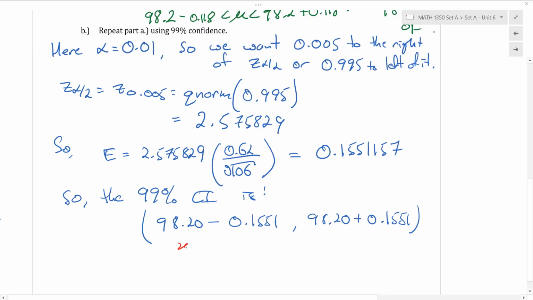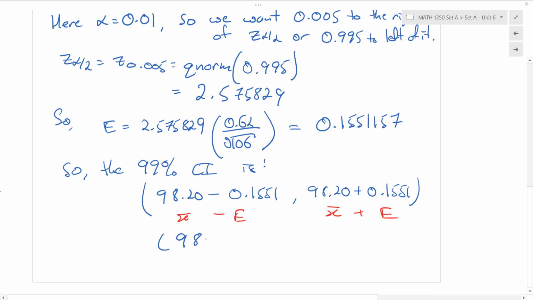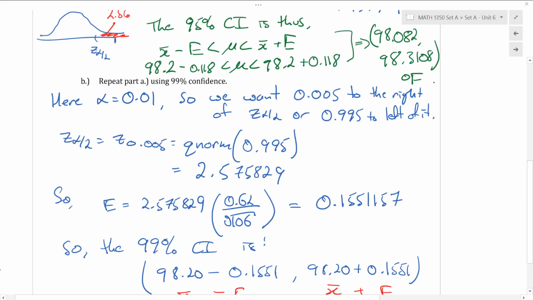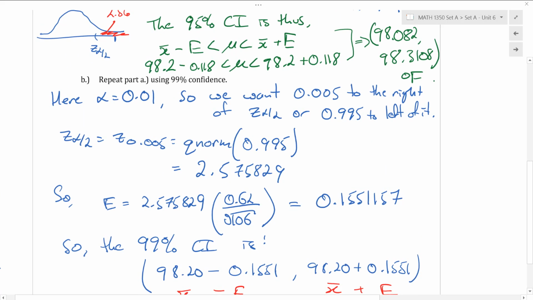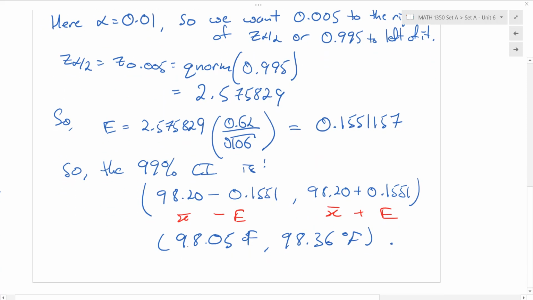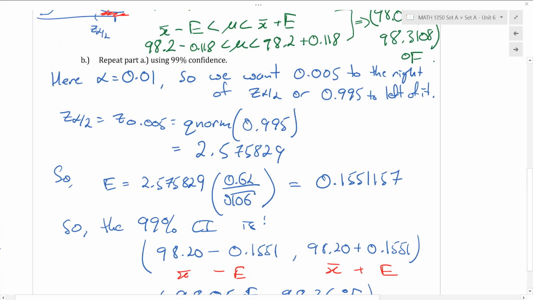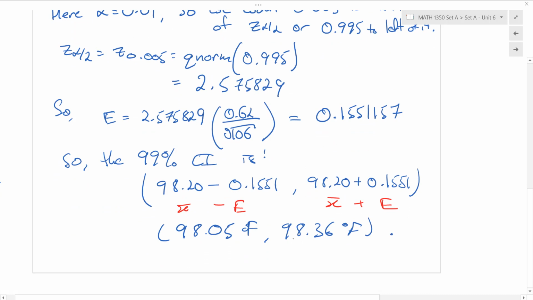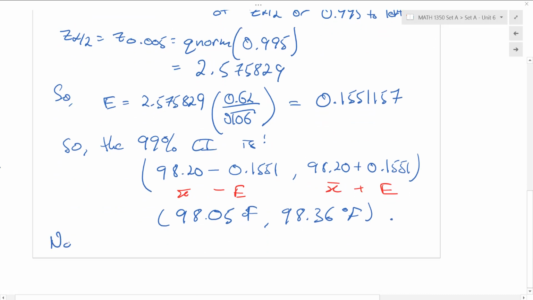So this is coming from x bar minus E and x bar plus E. You can crunch that out, get about 98.05 degrees Fahrenheit all the way to 98.36 degrees Fahrenheit. We can notice again from before, 98.08 was our lower range before. It's now wider, 98.05 versus 98.31 before. We have 98.36 now. So we should take a second to notice this is wider. That's what we were expecting.